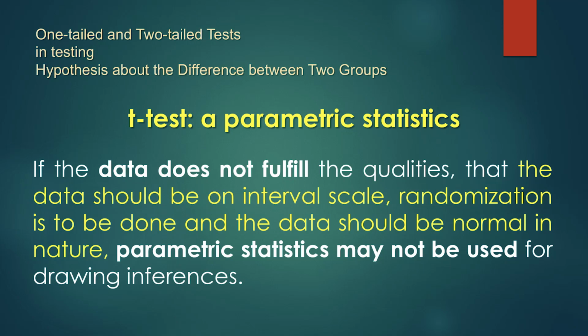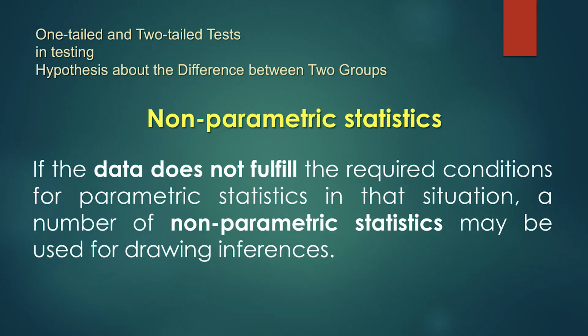In case the data does not fulfill these qualities, parametric statistics may not be used for drawing inferences. My students immediately questioned that in case these conditions are not fulfilled, how a researcher shall draw inferences on the basis of the results drawn on that sample.